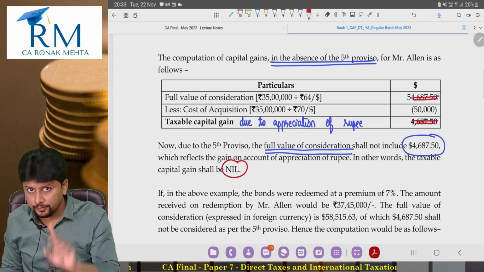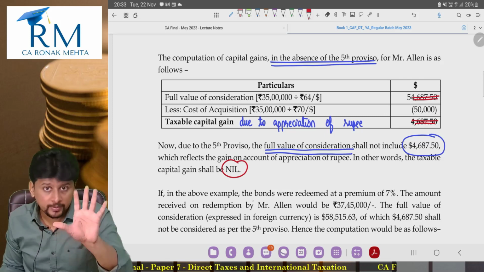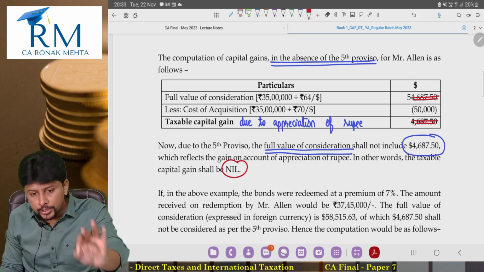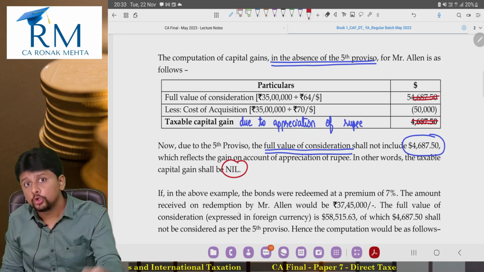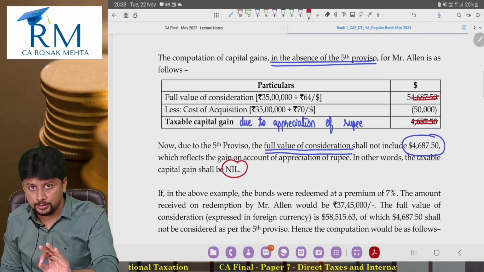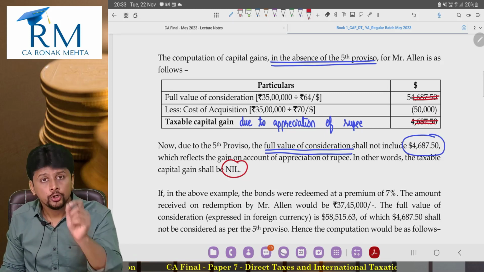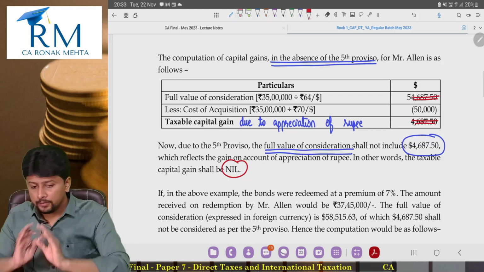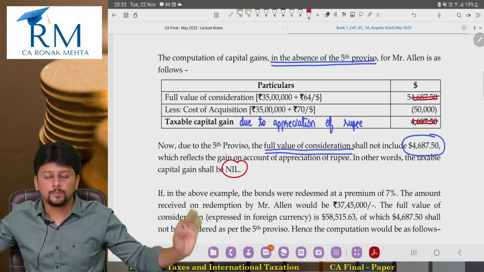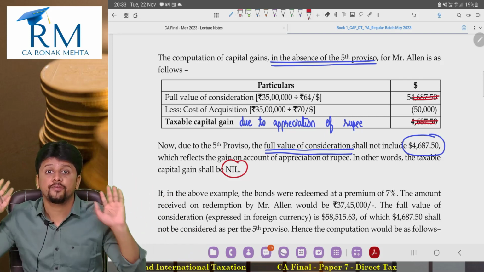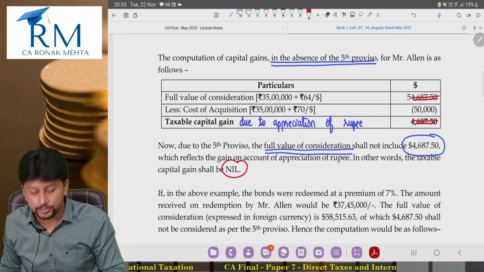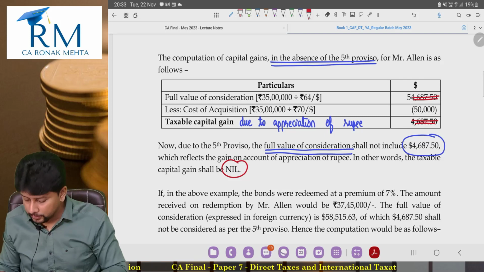Now, this is my first example: any capital gain due to rupee appreciation will not be taken into account, will be ignored for the calculation of full value of consideration.